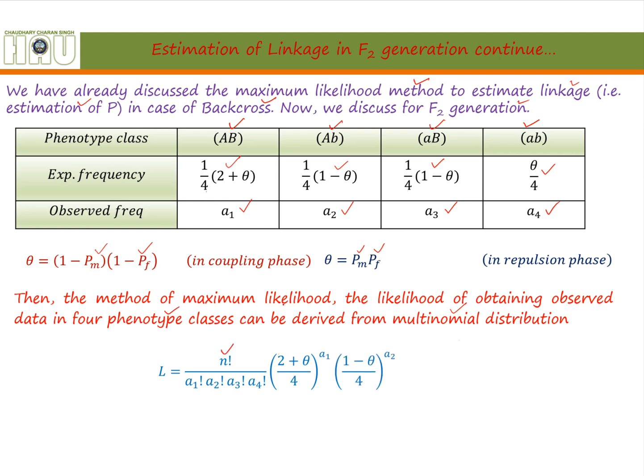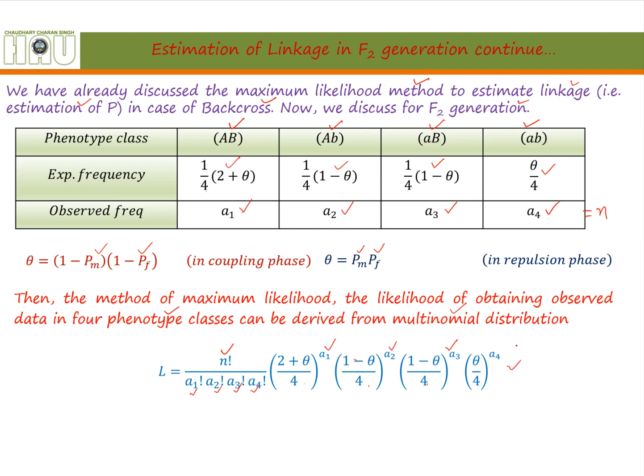This is n factorial, if the sum is n, divided by a1 factorial, a2 factorial, a3 factorial, a4 factorial. Now here the expected frequency is (2 plus theta) by 4 raised to the power of the observed frequency, (1 minus theta) by 4 raised to the power of the observed frequency, (1 minus theta) by 4 raised to the power of the observed frequency, and so on.